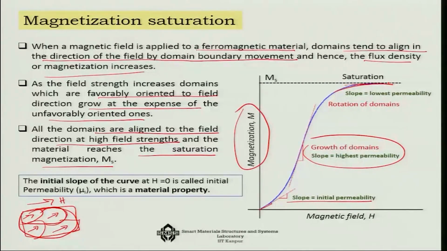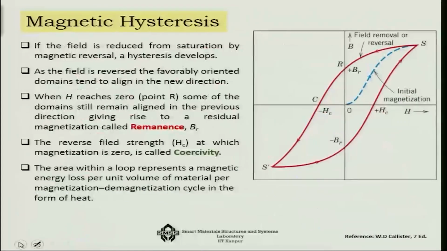So, there is no net change in magnetization anymore with respect to the change of the magnetic field. That is how we get that famous S curve. There is one interesting thing: if you change the direction of magnetization, what happens? If the field is reduced from saturation by magnetic reversal, a hysteresis develops.